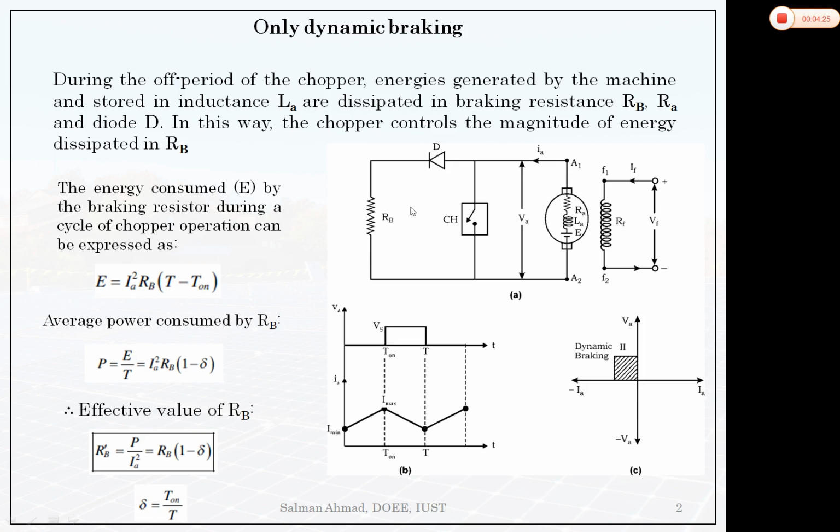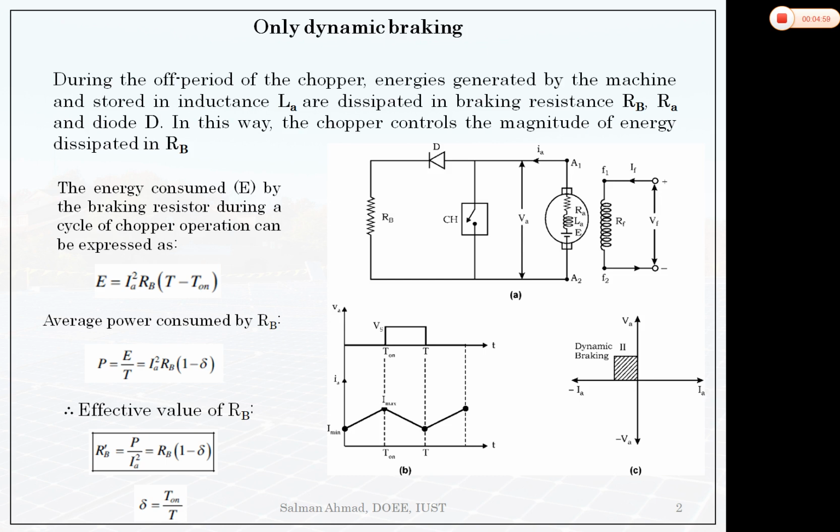Okay, so that means the effective value of resistance we can control by duty cycle. Okay, by turning on and off, by varying the duty cycle we can vary this resistance value. So the effective value of this resistance is controlled with the help of the duty cycle. Okay, so one way is to control manually with the help of a rheostat, but that is not feasible in most of the cases. So we have to use automatic control with the help of duty cycle.